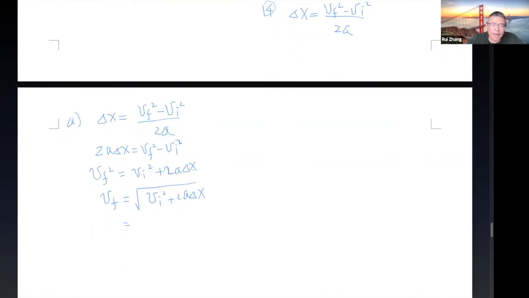VI equals 0, so you don't have to worry about it. A is 5 meters per second squared, and delta X is 30.5 meters. So you have 2 times 5, which is 10, times 30.5, and then take the square root of that.